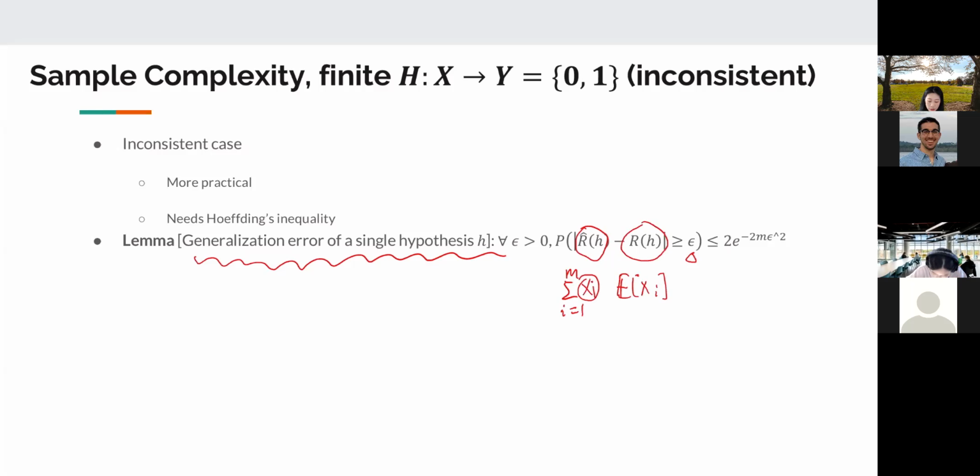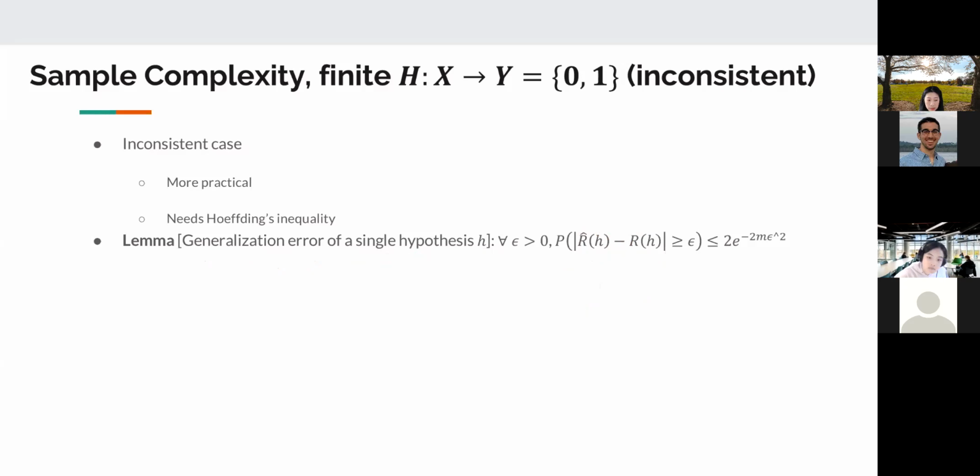So this becomes the summation of the random variable, and this becomes the expectation. Does this make sense? So this is indeed Hoeffding's inequality. Using Hoeffding's inequality here, you can get this lemma, the generalization error of the single hypothesis h.